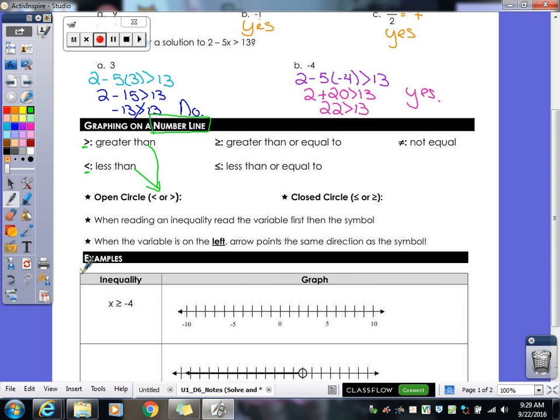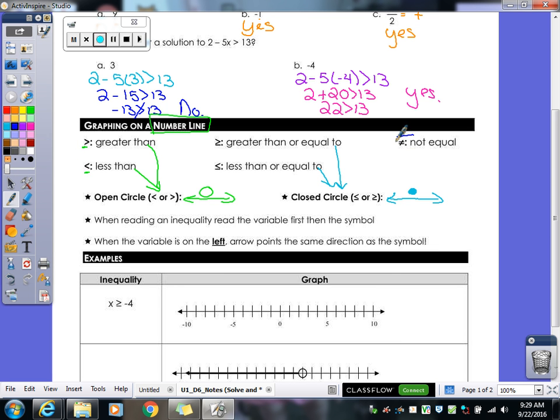So when you're on your number line, I would have an open circle there for greater than or less than. If it has the or equal to part, though, I would have a closed circle on the number line because it includes that value. Open circle means it's not included. Closed circle means that value is included.